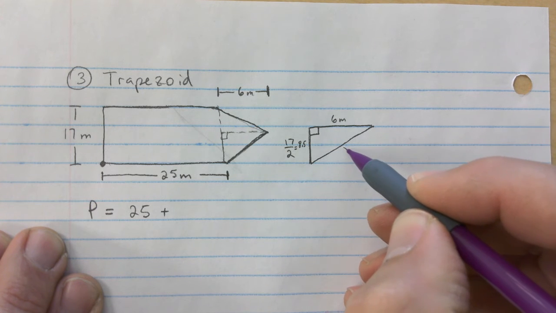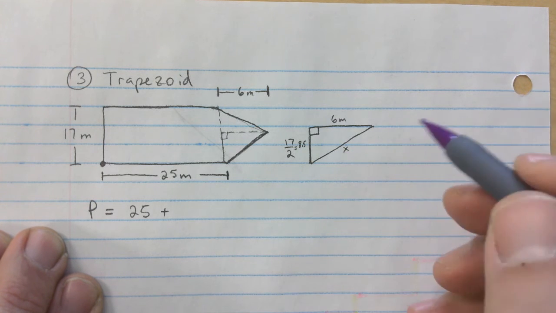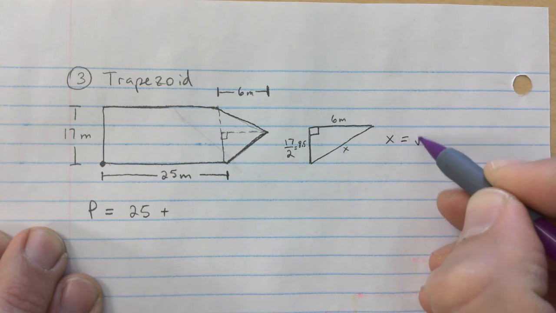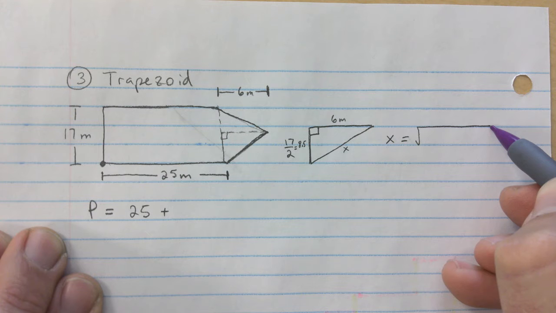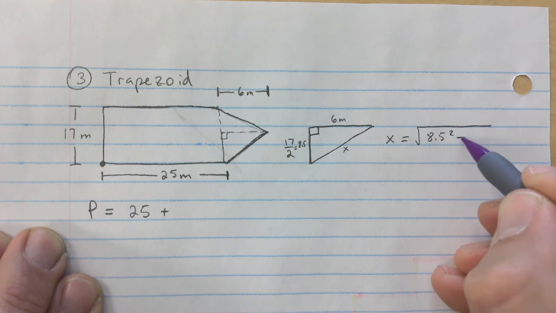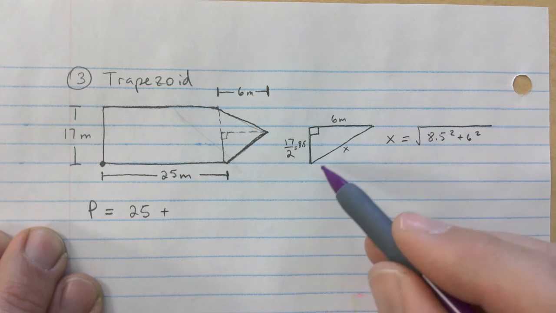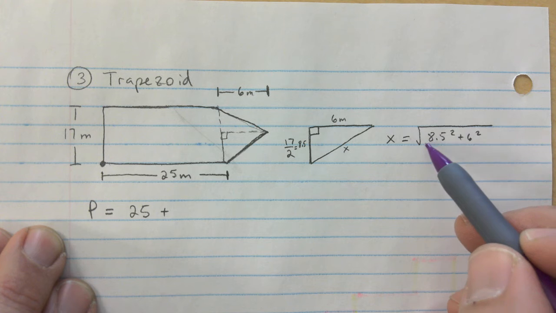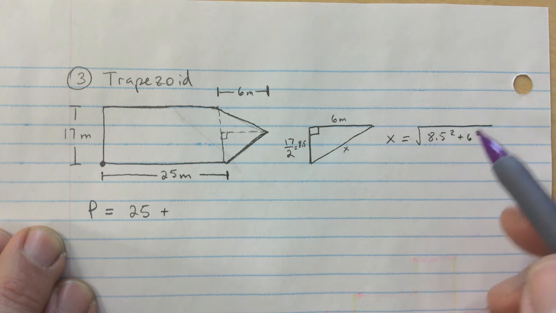So we can find this side here by using Pythagorean theorem. So x is equal to the square root of 8.5 squared plus 6 squared. Remember, when it's the hypotenuse you're missing, just take the square root of the side squared and add it, right?